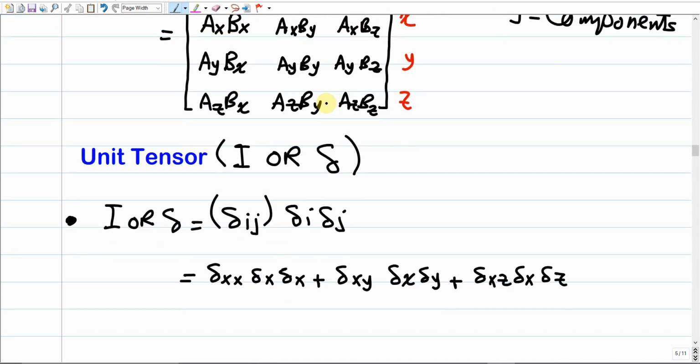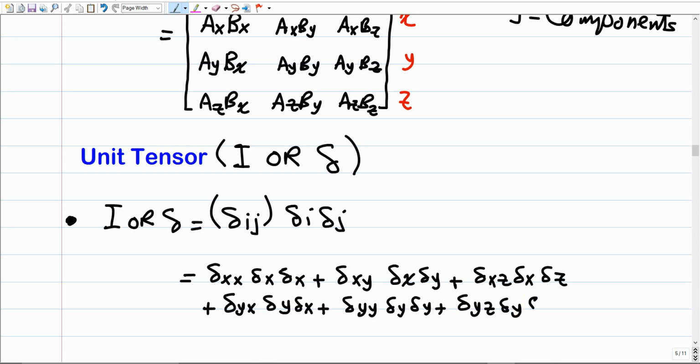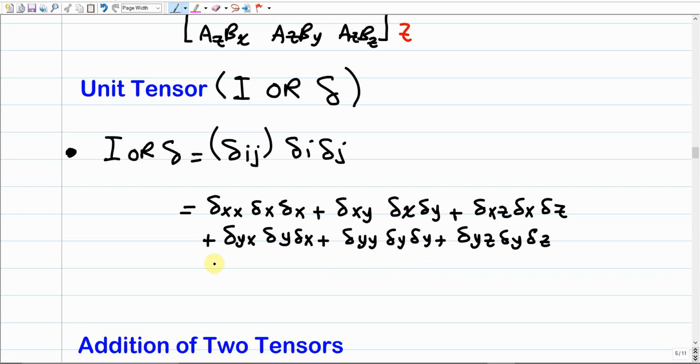How about the second row? Do the same. Plus, now I move to the yx, delta y, delta x, where the row is y but the column is x, plus delta yy, delta y, delta y, plus delta yz, delta y, delta z. Make sense? The row is y, but the column is z or y or x.